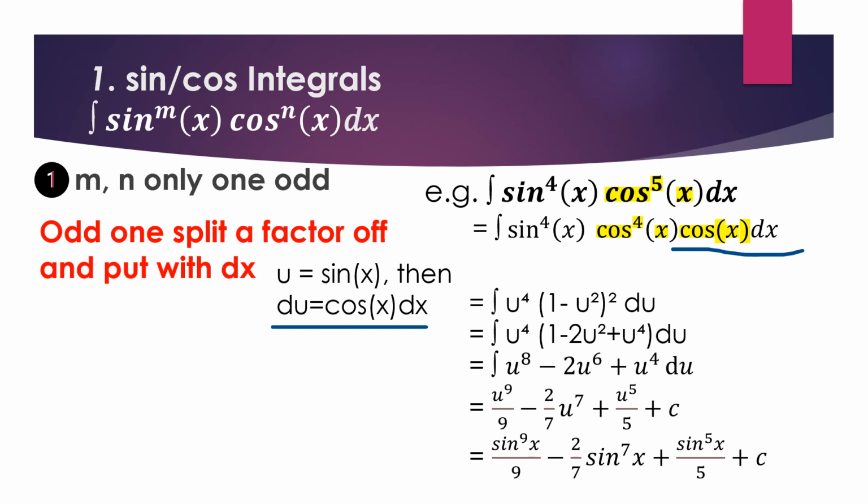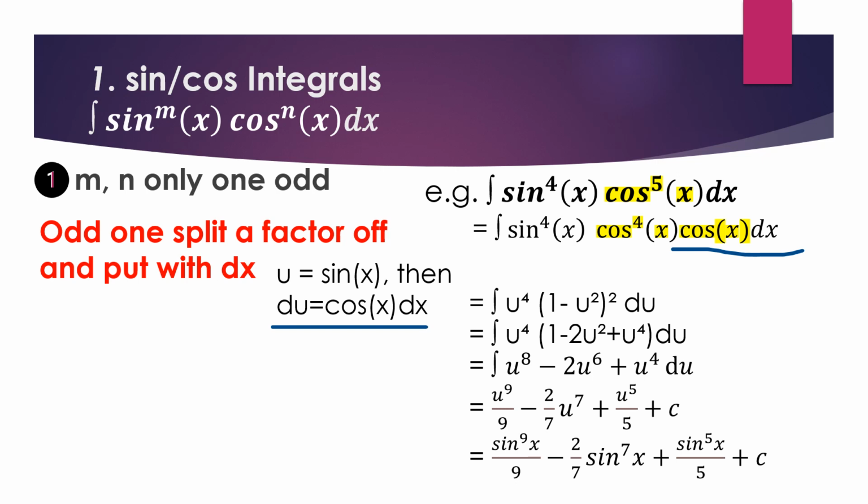And then equal integral u to the 4th times 1 minus 2u squared plus u to the 4th du. And then equal integral u to the 8th minus 2u to the 6th plus u to the 4th du. Then we can calculate the integral.